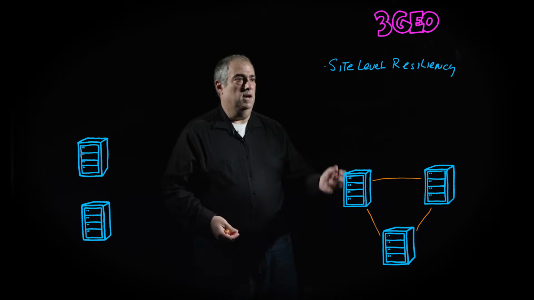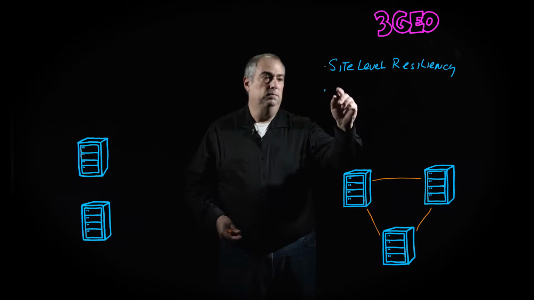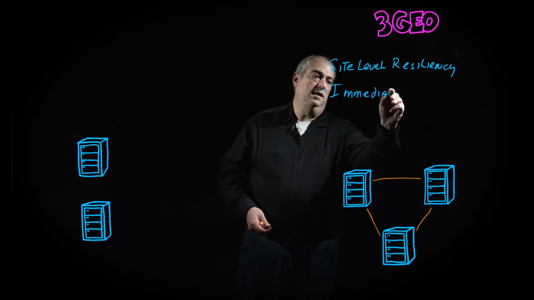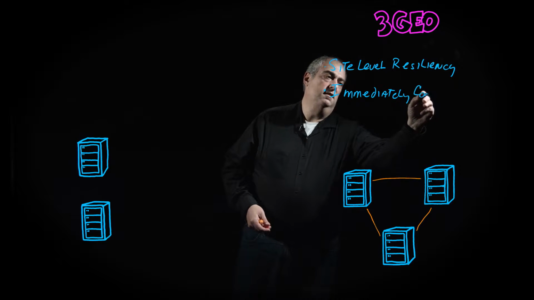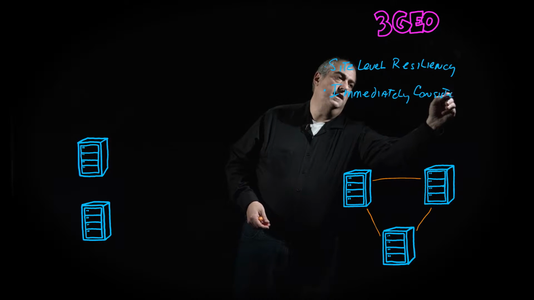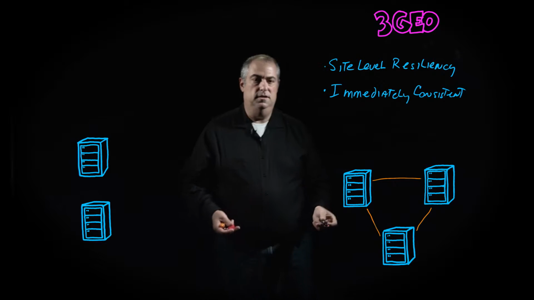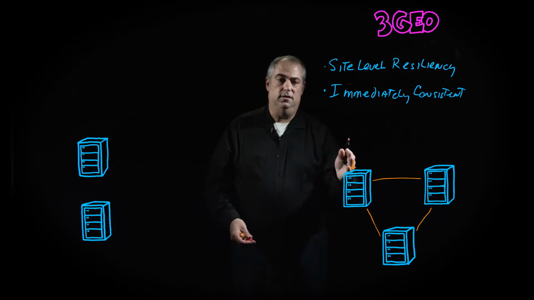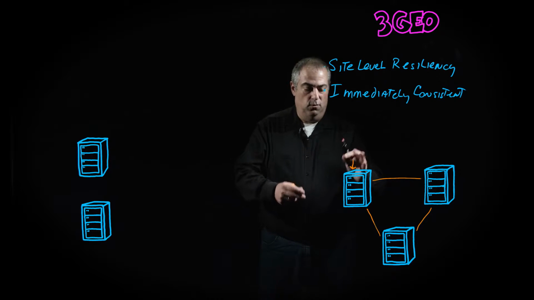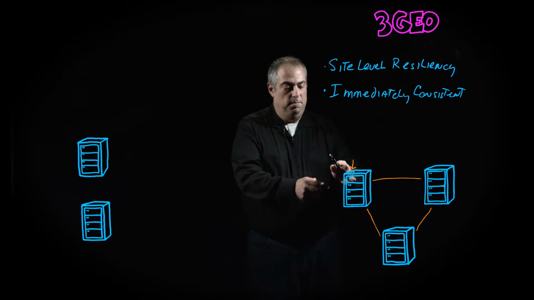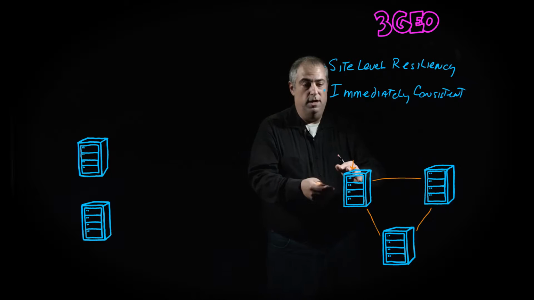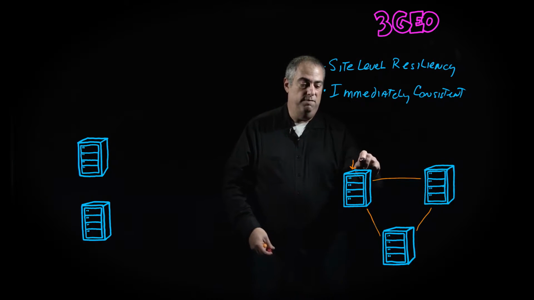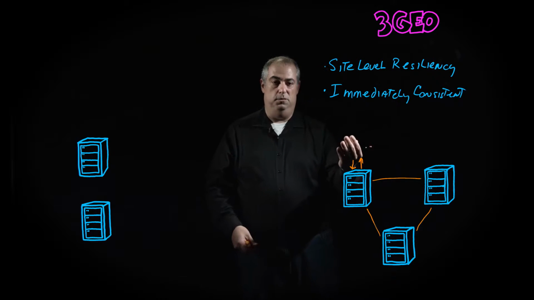The second benefit to a 3-geo deployment model is a feature we call immediate consistency. And what we mean by that is that the data that is ingested into the system at any one of the locations, so for instance, if we ingest data at this location, that data will enter the system and immediately be encoded via erasure coding and dispersed over to the other 2 locations before the client receives a success response.